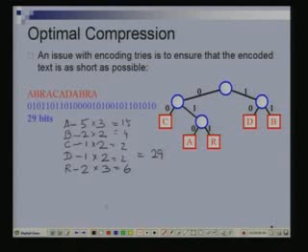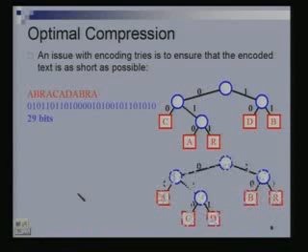Great. Now suppose I had another trie, this one. Do you think this will have less or more? Less. A was occurring 5 times. Here I was using 3 bits, and I am using 2 bits here. So I am saving 5 bits for A. Of course, I will have to compensate elsewhere, for C and D, which are longer here. C and D had 2 bits before, now 3, but C and D occur very infrequently, so it's good.